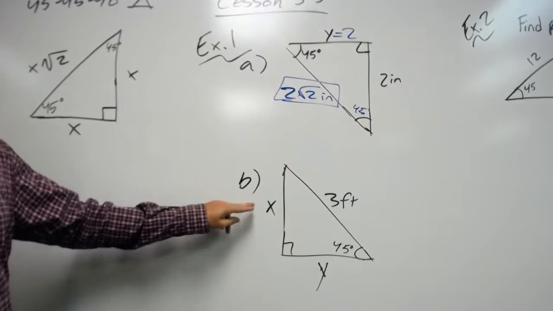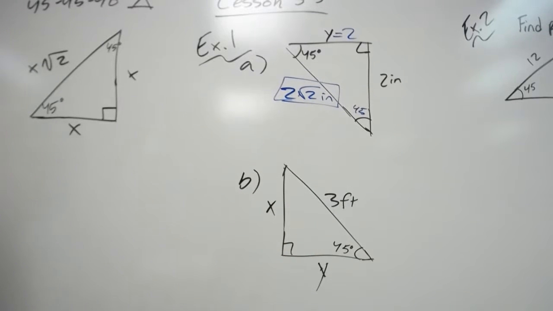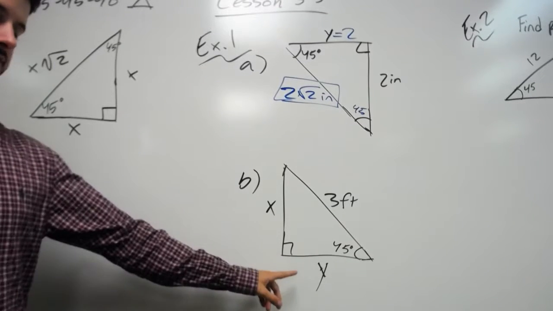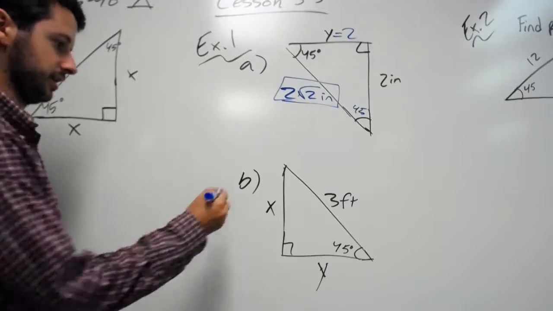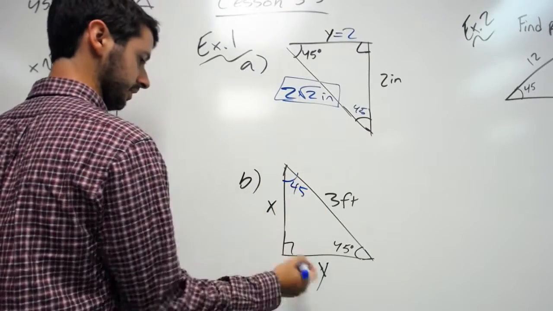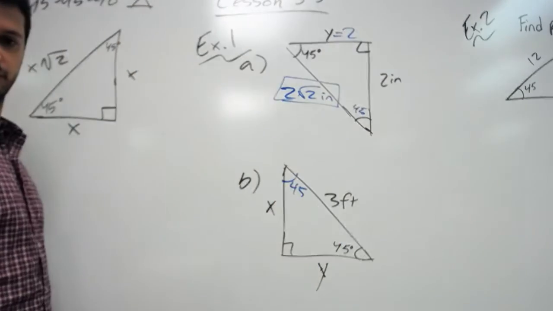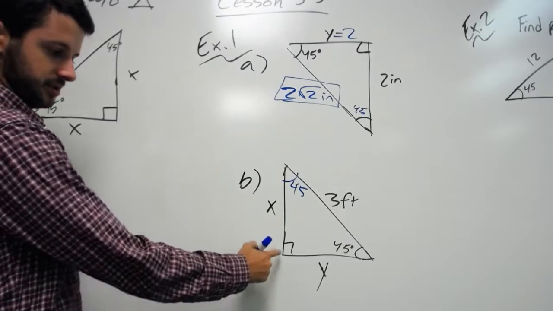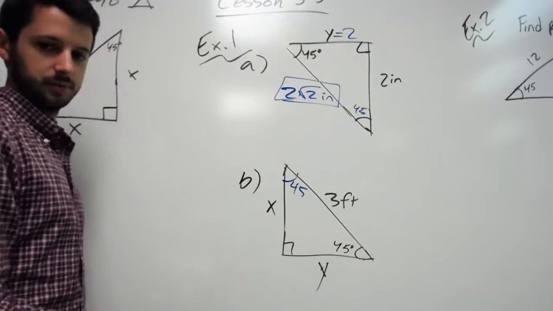Example 1b gives us a hypotenuse of 3, and then it gives us our sides. Well, the first thing we can know is that both of our sides are the same because it's a 45, 45, 90. It only gave us one 45 degree angle measure, but since this is 90, triangle sum theorem, that's 45.